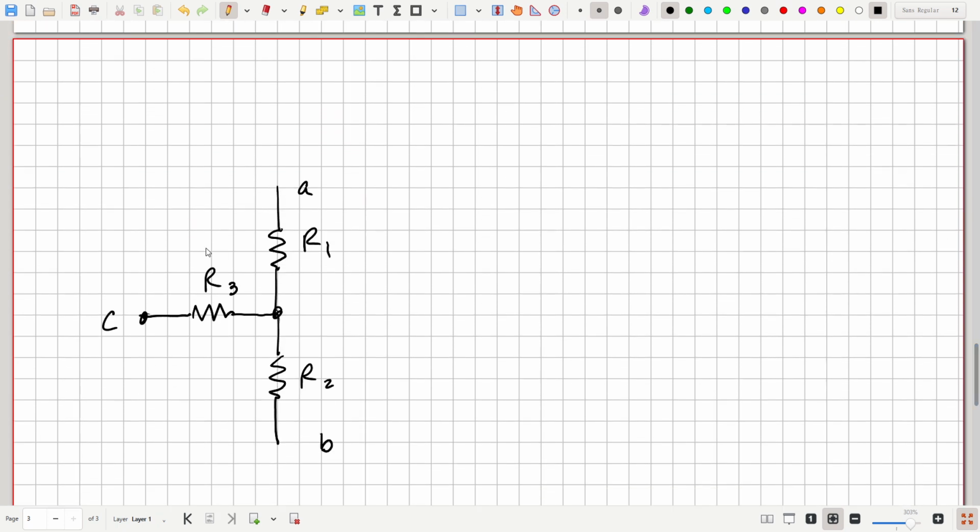Okay. So let's draw that, stretch it out here. So this is R4 goes between A and C, so we can connect it like so.